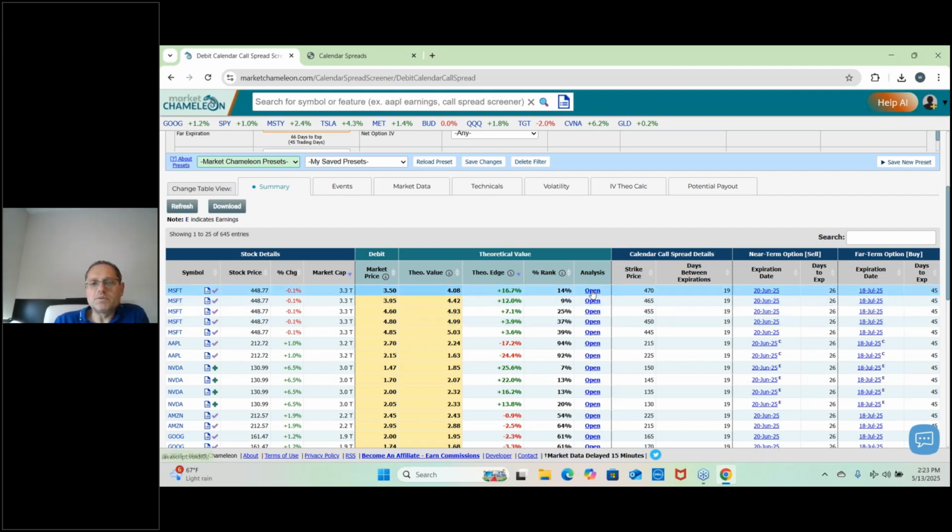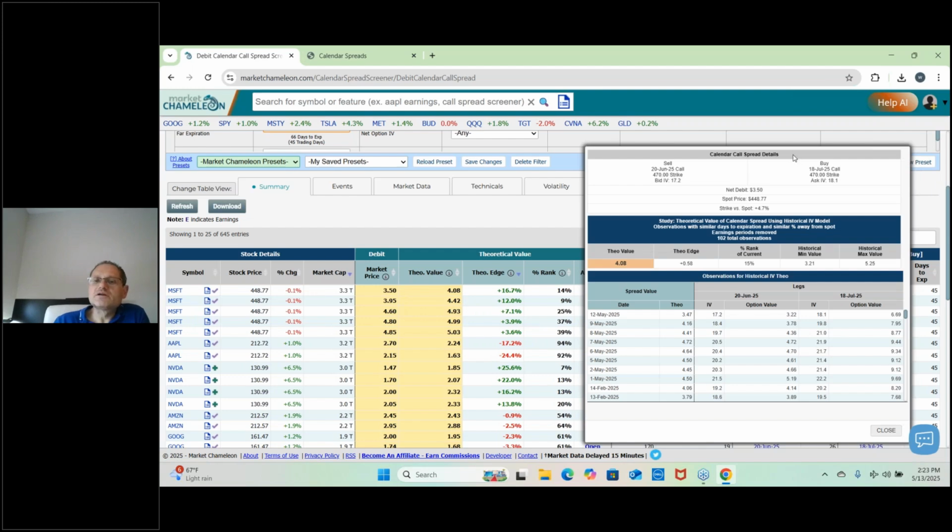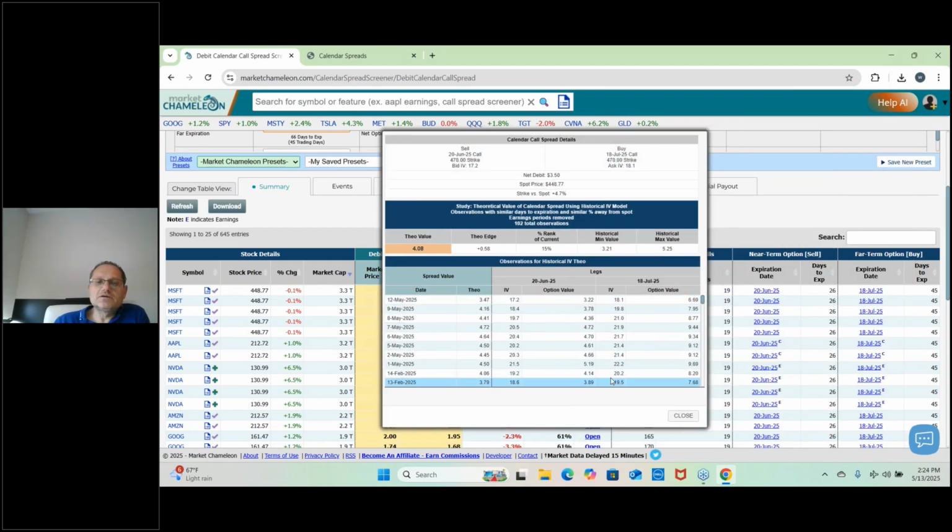Let's take a look at that. If we open that analysis, okay, here is how we got there. You can see it's going back in history and doing a benchmark. It's using a weighted average of implied volatilities, similar to the VIX, with the surrounding data and the surrounding expirations. Here it's going back in time and saying, well, on this particular date, a similar option would be 17.2 implied vol versus 18.1.